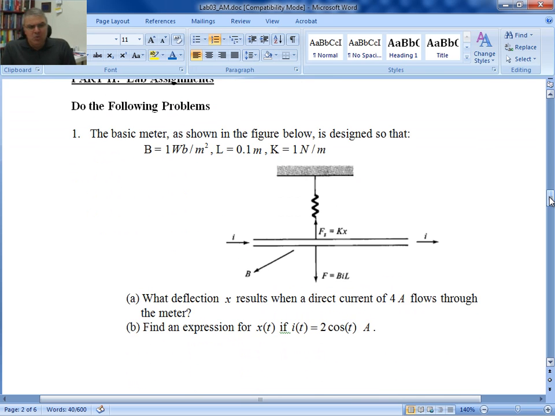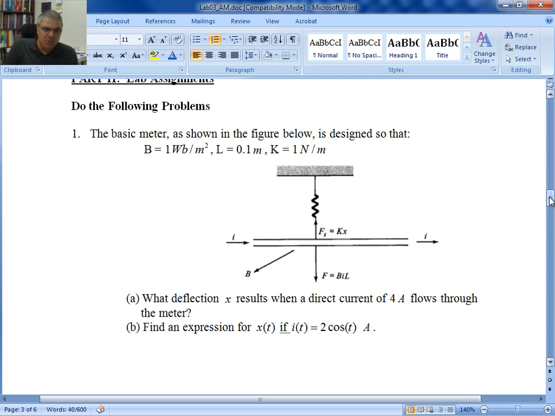So you basically have 4 problems for this lab assignment. Some of them are, of course, more involved than others. In this case, this is a basic meter. Again, it's a primitive schematic of a meter, but it would serve the purpose. There's some information given about the meter.